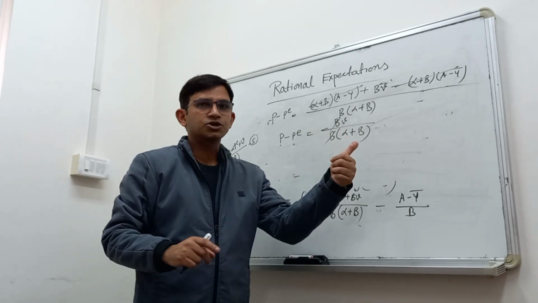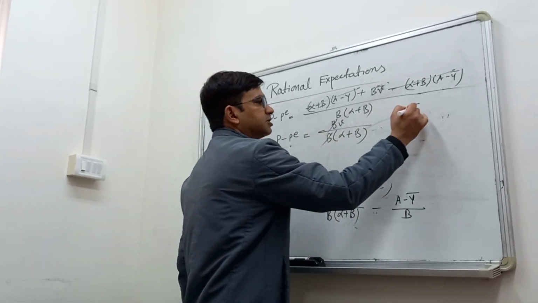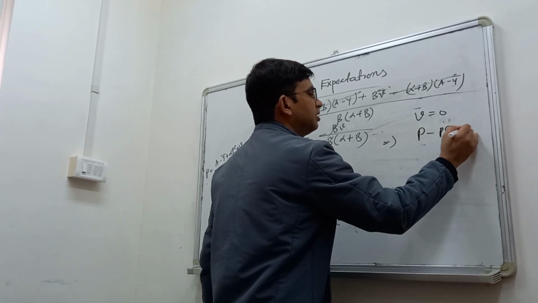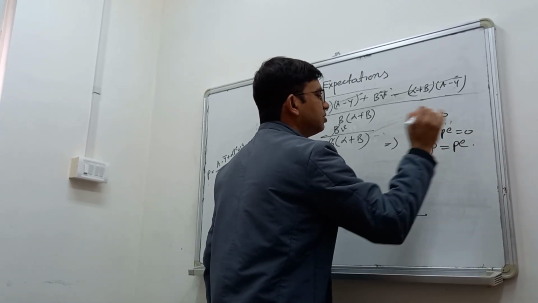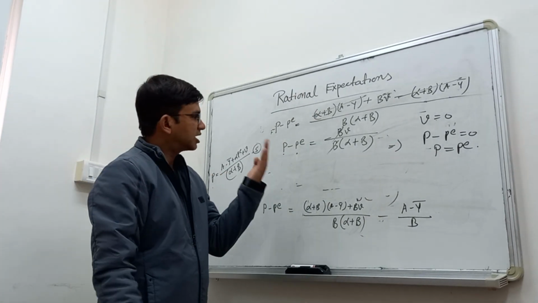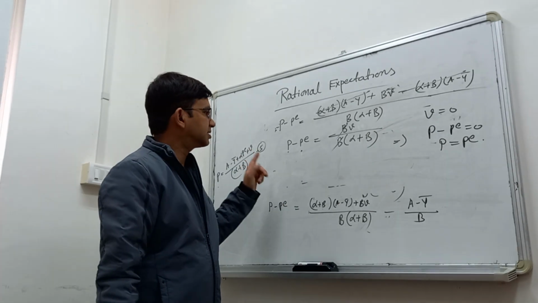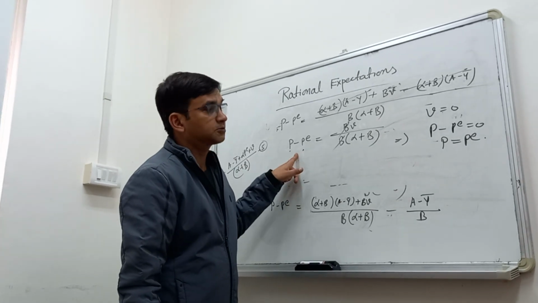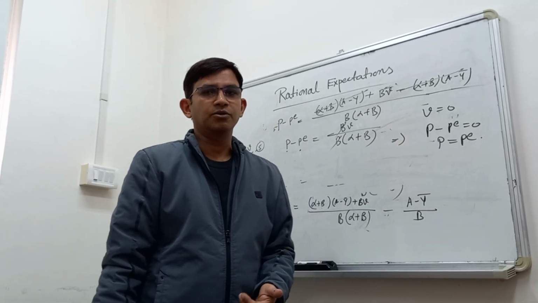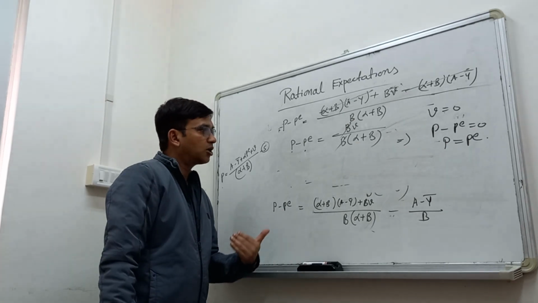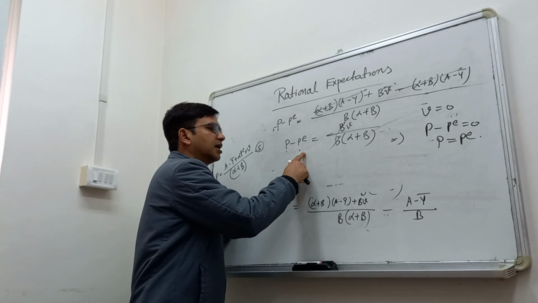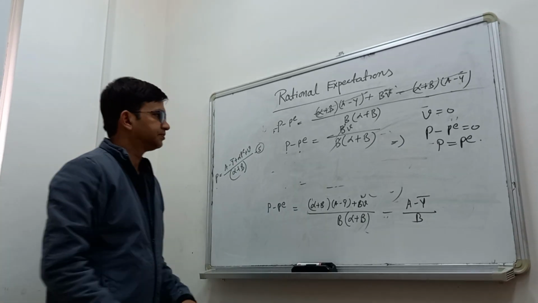If there is no supply shock, that means v equals 0, then we will find that P minus Pe equals 0, or P equals Pe. So here what we can see, the actual price can diverge from the expected price only with the presence of a supply shock in the economy. If there is a negative supply shock, what we will see is that P will be greater than Pe.